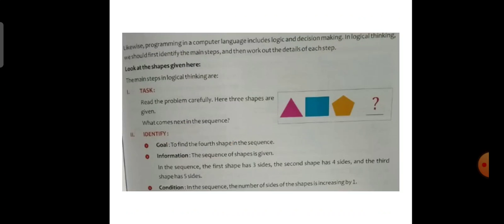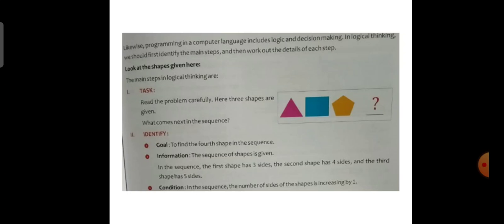In logical thinking, we should first identify the main steps and then work out the detail of each step. Look at the shapes given here. The main steps in logical thinking are: task number 1. Read the problem carefully. Here, 3 shapes are given. What comes next in the sequence? Number 2. Identify.